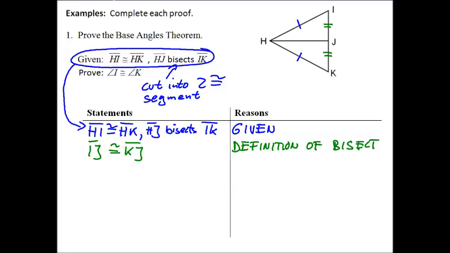What else can we see from our diagram? We have this side HJ that is the side of both triangles. And HJ is of course congruent to itself, and that's based on the reflexive property. HJ is congruent to HJ, the reason being the reflexive property.